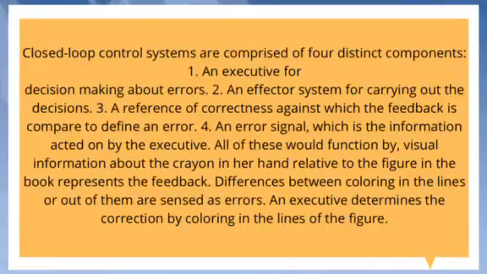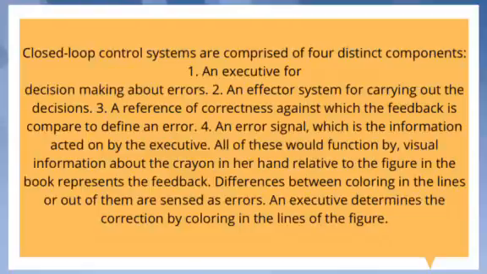Closed-loop control systems are comprised of four distinct components. Number one, an executive for decision-making about error. Two, an effector system for carrying out the decision. Three, a reference of correctness against which the feedback is conferred to define an error.